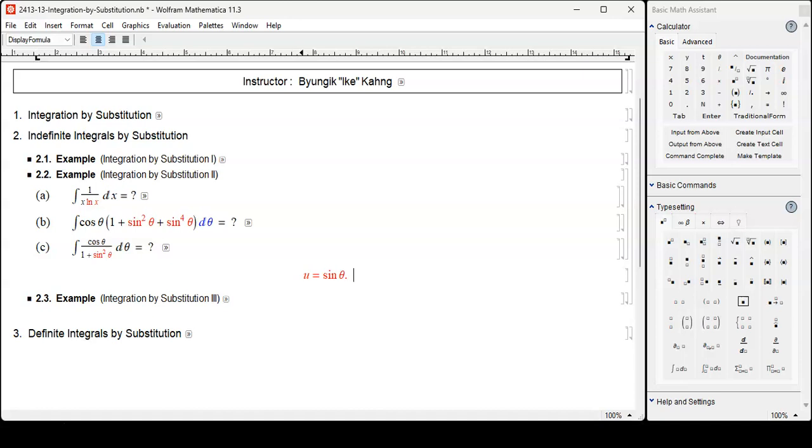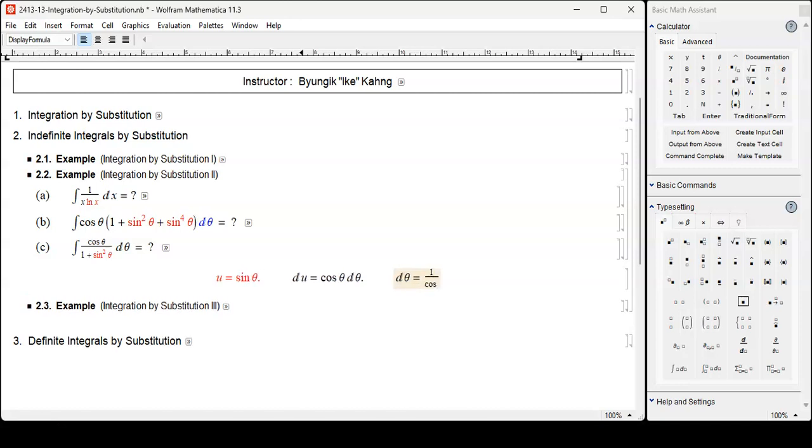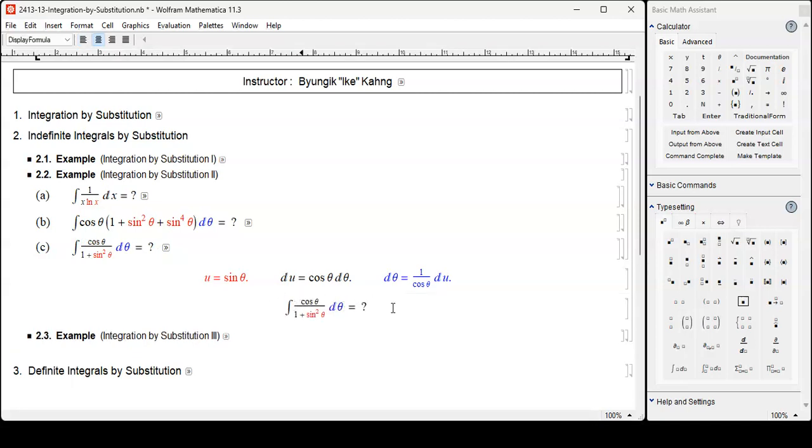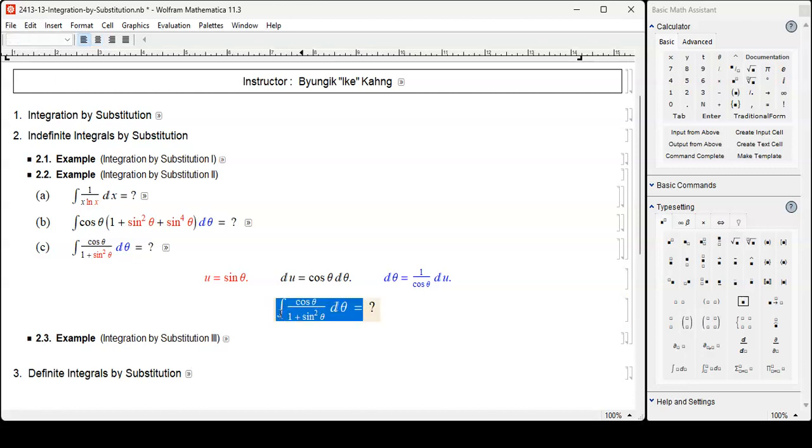And then derivative. Therefore, okay, we have that. We are ready. Let's take out a bit bigger font. Copy and paste.